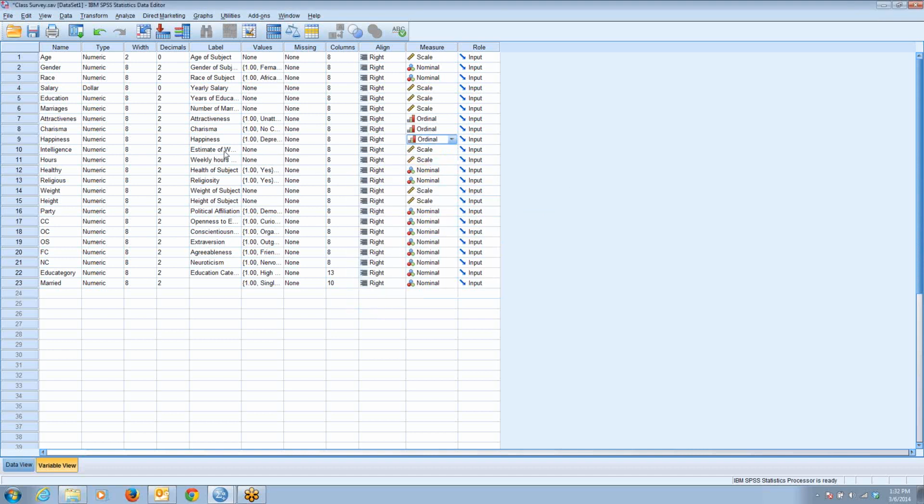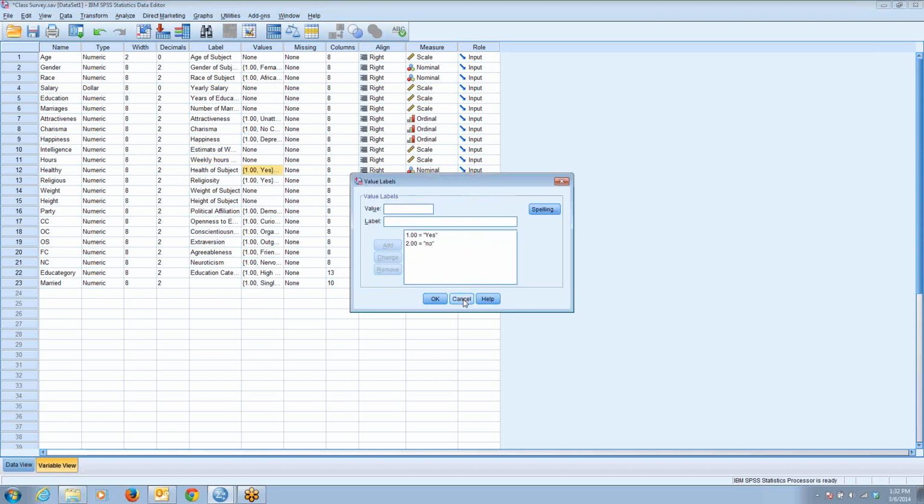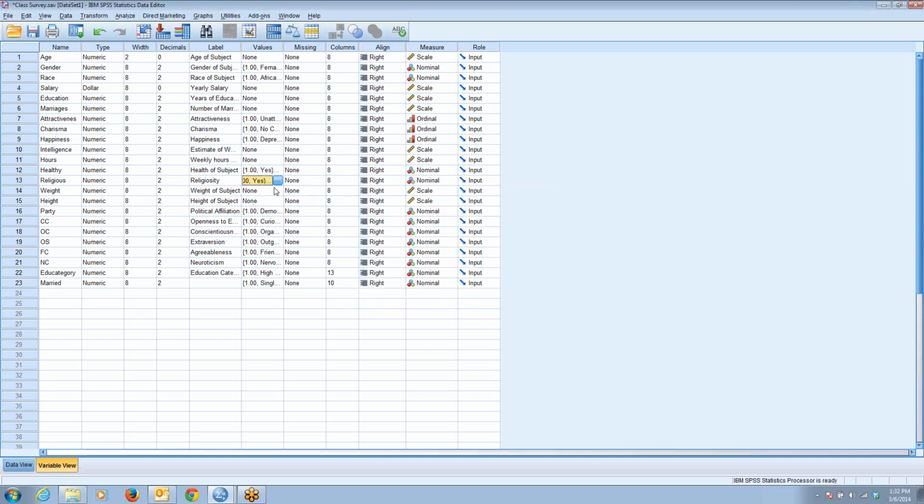Okay. This is intelligence. We have the estimate of a WAIS score. Weekly hours worked. Health, that's going to be nominal. Either they're healthy or they're not. Religion, also, either they're religious or they're not. Weight is scale and height. Then we have some political affiliation.